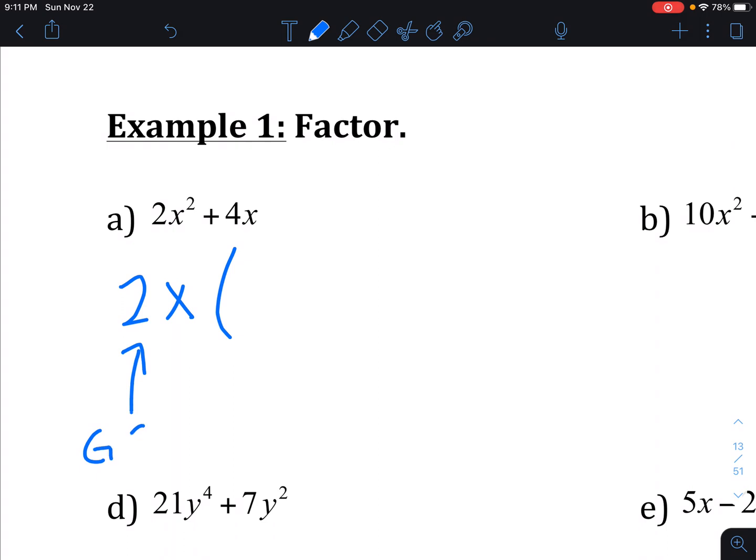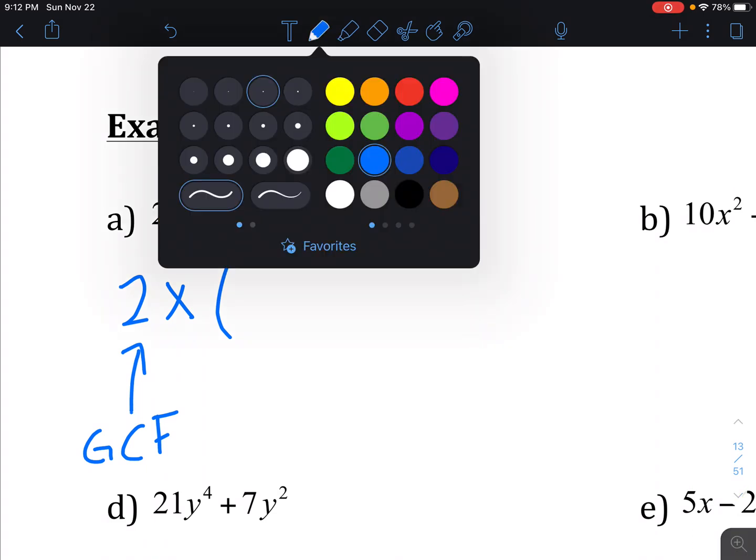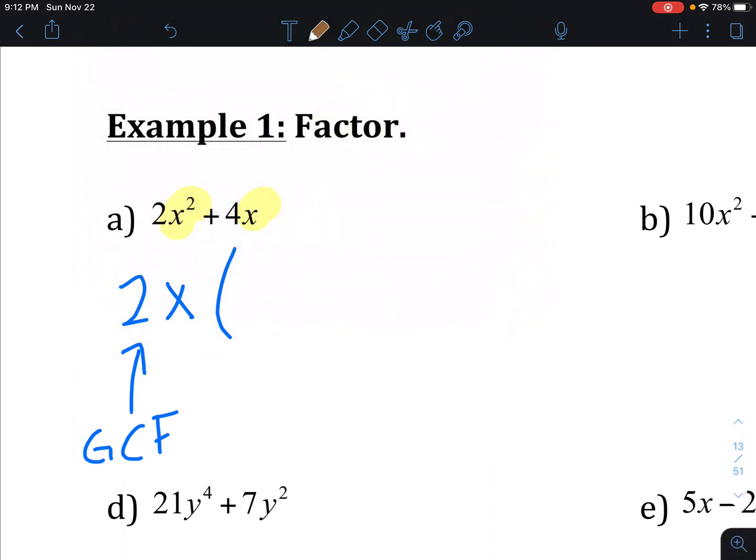By the way, the x's in both of them were x squared and x. The one that you choose for a GCF is the smallest exponent. Then what we have to do next is see what's left inside that one set of parentheses.